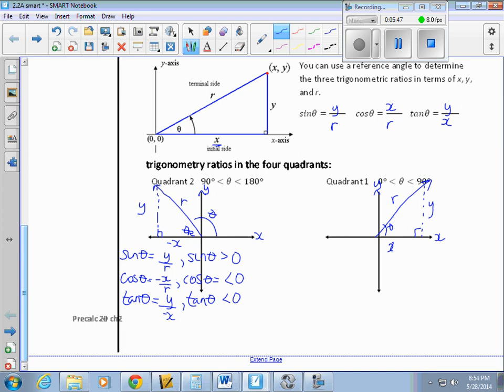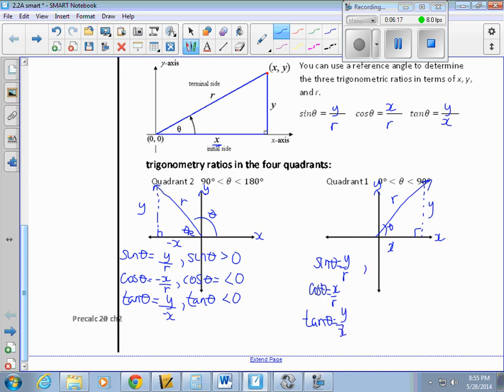This is r. So then my trig functions for this, my sine of theta is going to be y over r. Everything is positive. Cos of theta is my x over r. And those are both positive. And tangent of theta then is opposite over adjacent, so that's y over x.